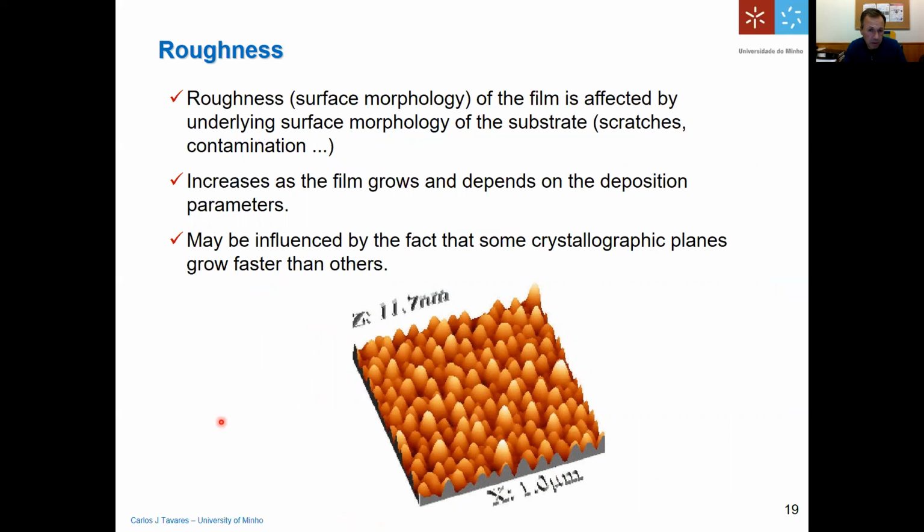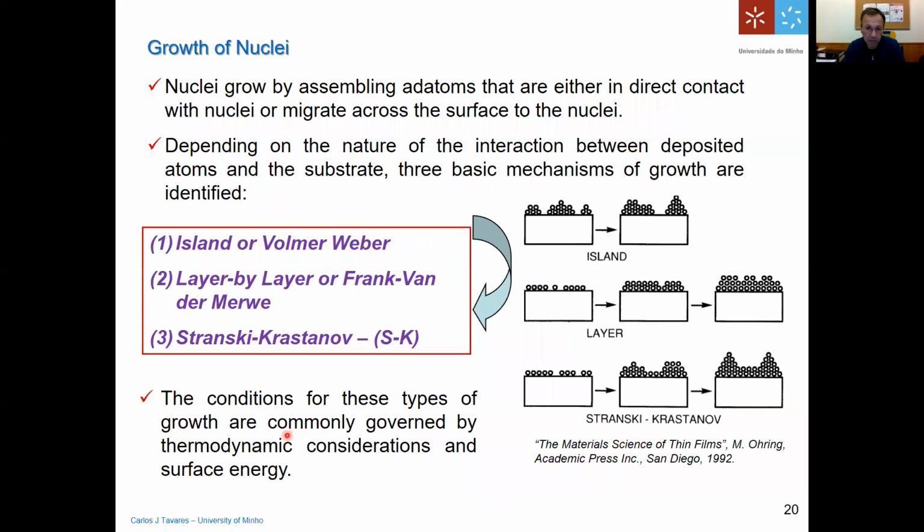And the roughness may be influenced by the fact that some crystallographic planes grow faster than others. So depending on the orientation growth of your thin film, the roughness can be different, according to the specific orientation of your crystals. So let's look now at some specific types of growths.